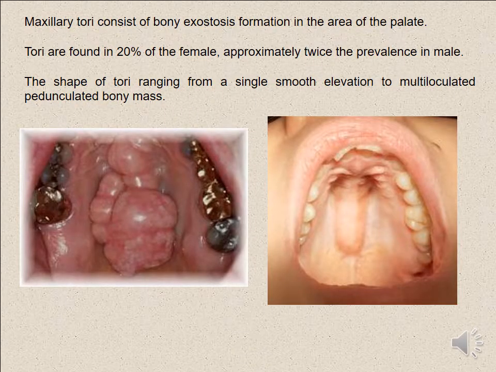The maxillary tori consist of bony exostosis formation in the area of the palate. Tori are found in 20% of females, approximately twice the prevalence in males. The shape of tori ranges from a single smooth elevation to a multi-lobulated bony mass.